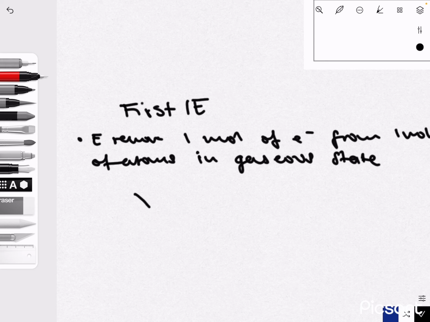So, just draw a little something here. Here's a formula for what this would look like.